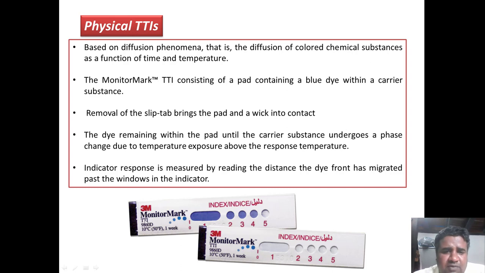The popular one is the MonitorMark TTI, developed by the 3M company, I think from the US. It has two portions: a black strip and a white portion. They are generally categorized as part A and part B. Part A is a kind of pad, and part B has a wick, or a porous cloth you can say.